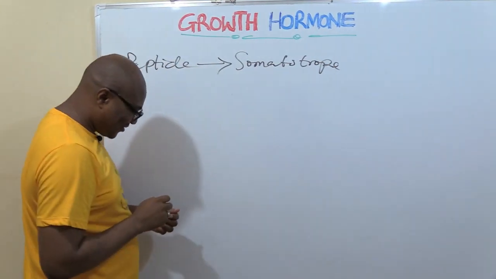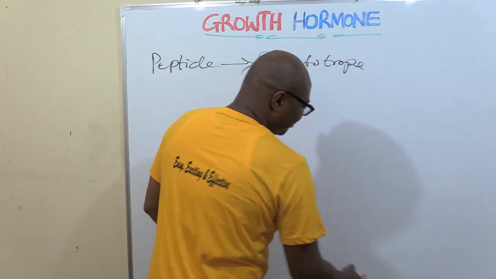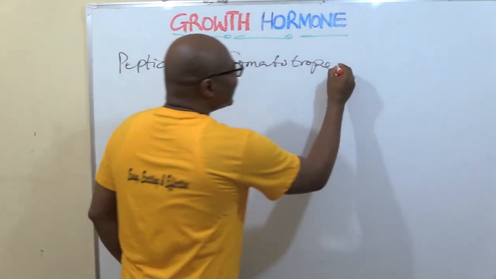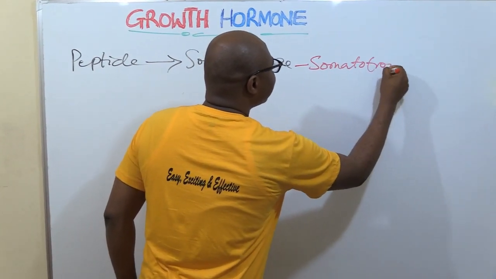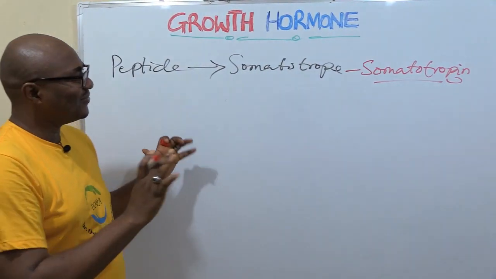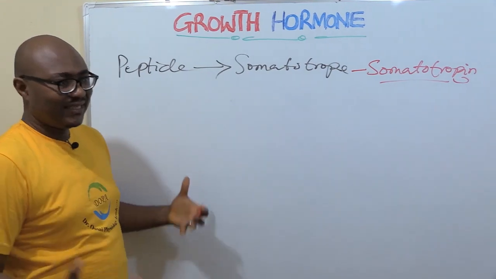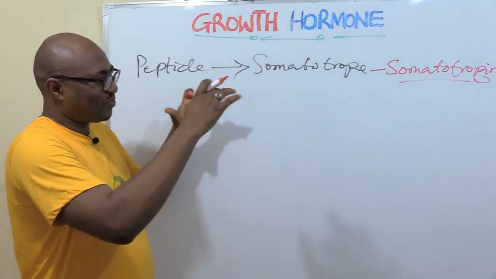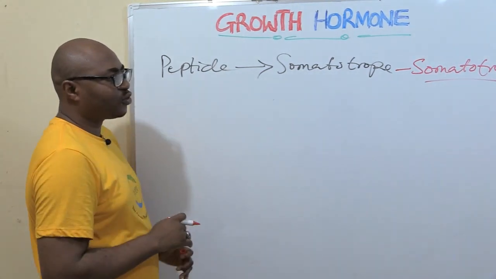So this gives it an alternate name, somatotropin. That's the other name for growth hormone. Soma means body, something that helps the body to grow, increase. Trop is about growth. So, somatotropin.